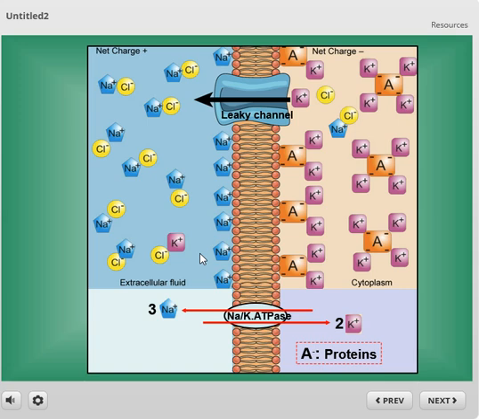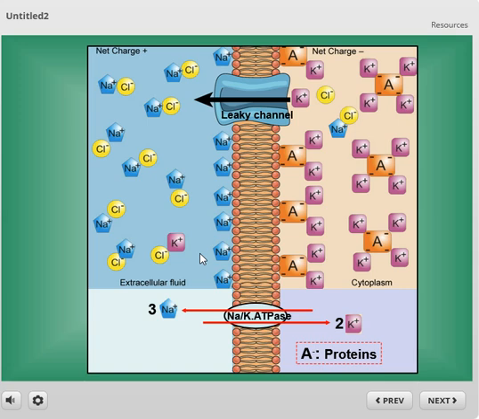One important factor is the unequal ion distribution inside and outside of the cells, and the existence of leaky potassium channels that are always open.